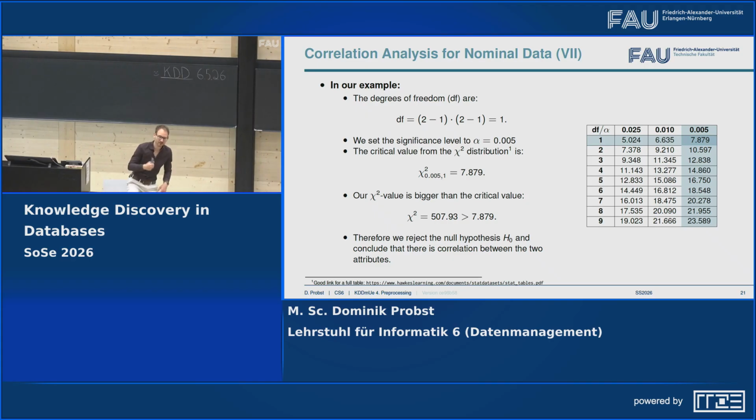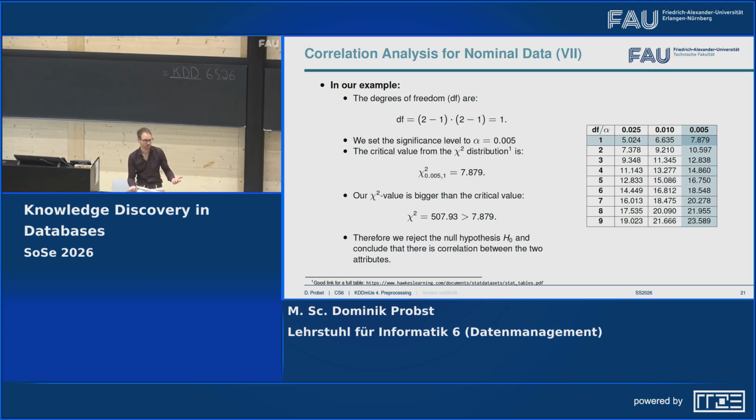There's no 100% rule of thumb. If you would, for example, write a paper where you do a test for a certain domain, the best thing would be to take a look at other papers in this domain and try to find out which significance level they use for their tests, which should always be part of their paper, so you can see that.